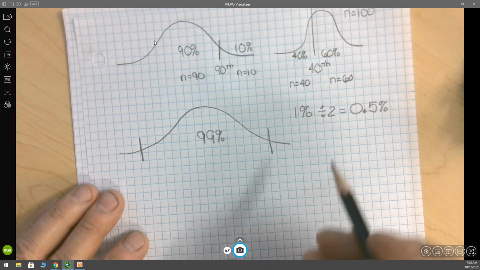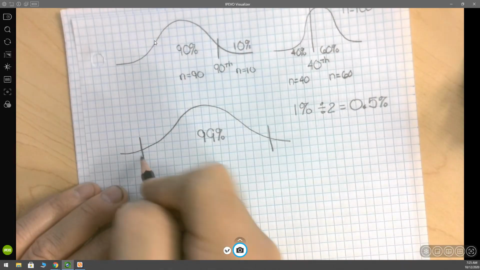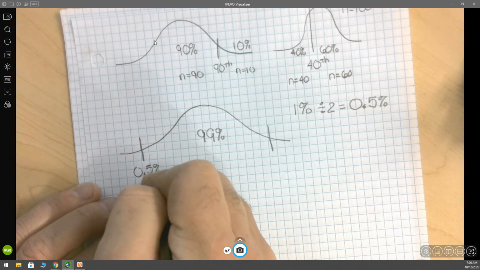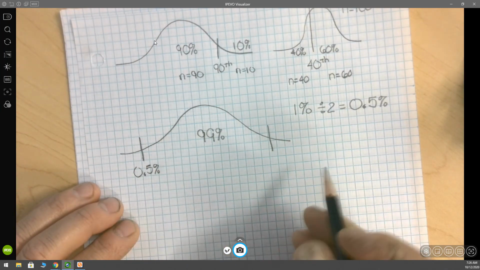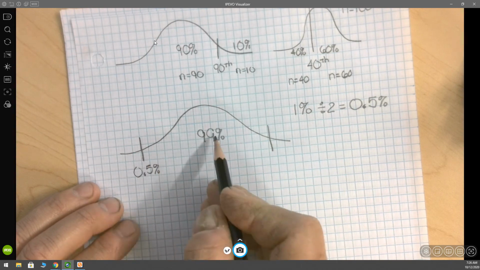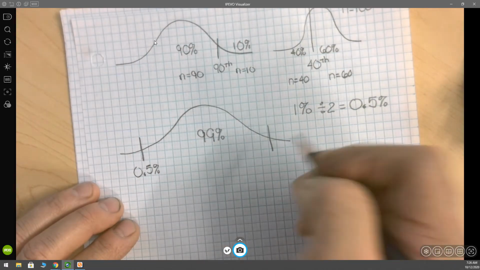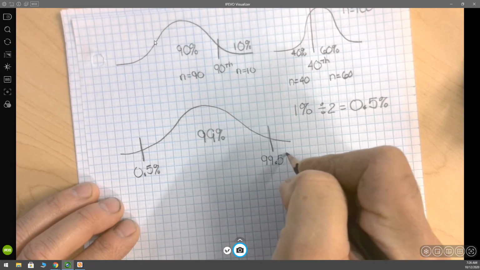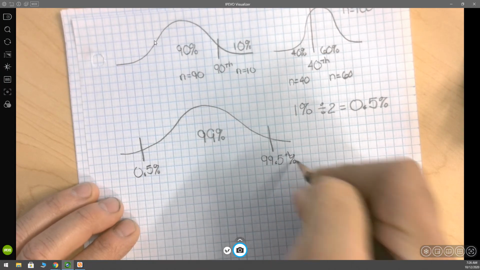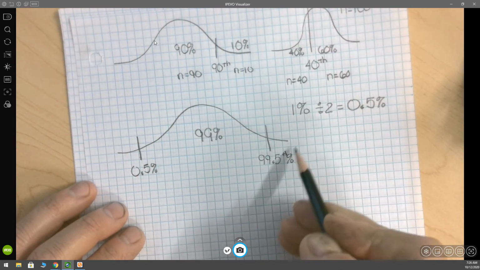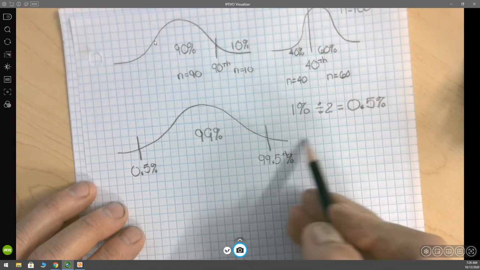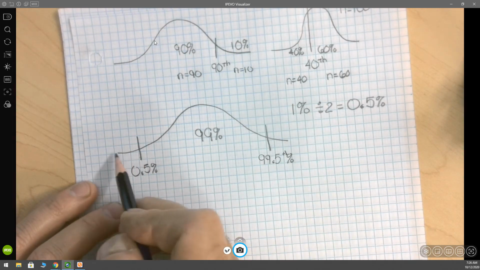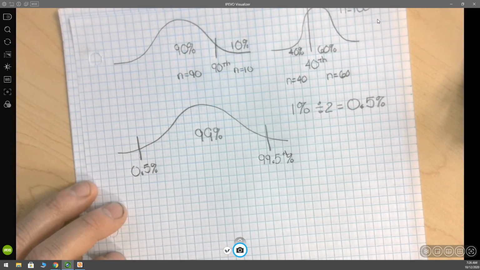And so when it talks about the percentile, that means this cutoff point here has to be the 1/2 percentile. And remember, we got to include the 99 plus the 1/2. This is the 99.5th percentile, meaning that only 1/2% of the data dots or data population is here, and only 1/2% of the population is over here. Simple concept.